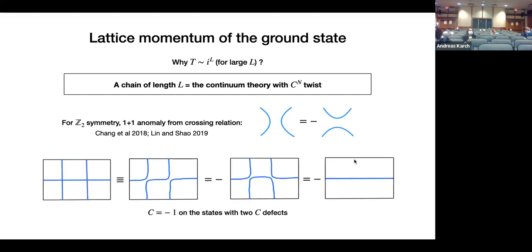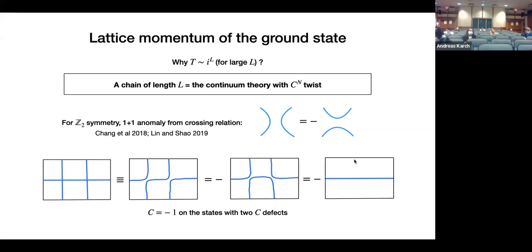Okay. Now, let's think about the following calculation. Let's imagine we have 2 C defects in the spatial direction, and we want to ask what's the eigenvalue of C in the presence of these 2 C defects. So this calculation, the space-time rotated version, was done also in this paper that I cited, but let me do it again.